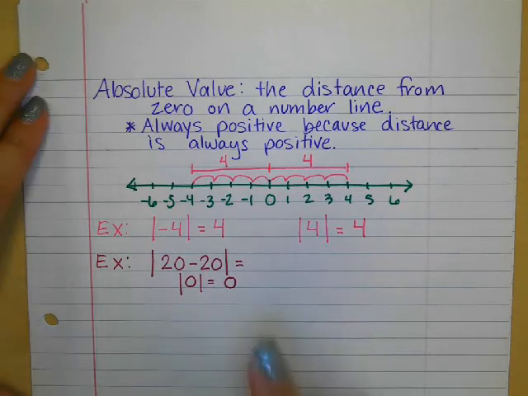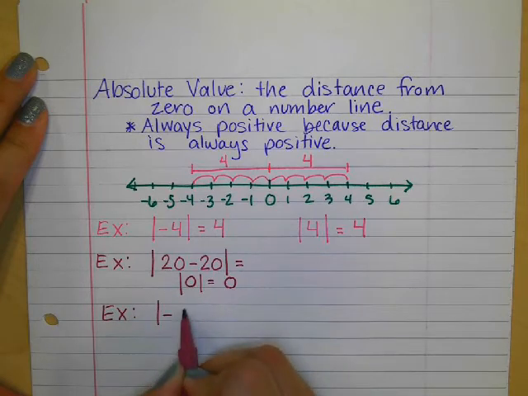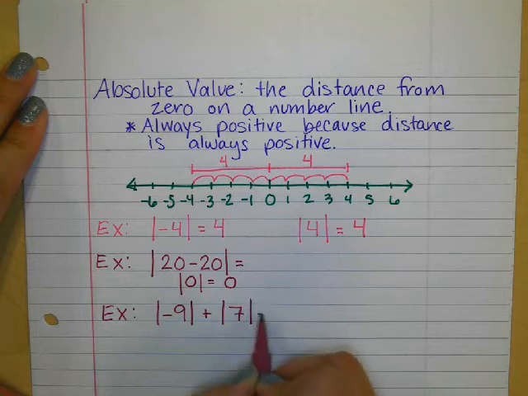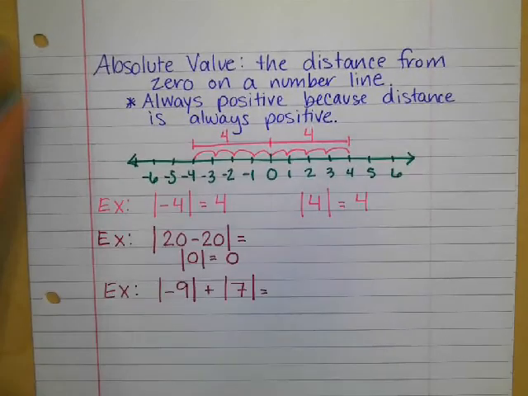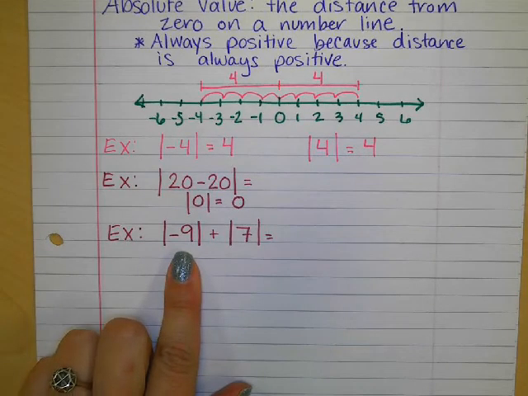Okay, let's do one more. What about the absolute value of -9 plus the absolute value of 7? I'm going to change colors so you can see our work here. So now they're not both within that absolute value sign. So we have to find the absolute value of -9, the distance between 0 to -9.